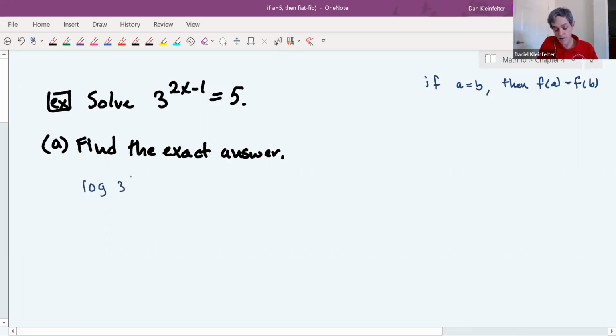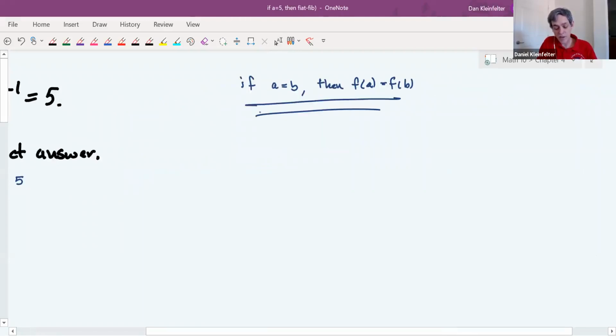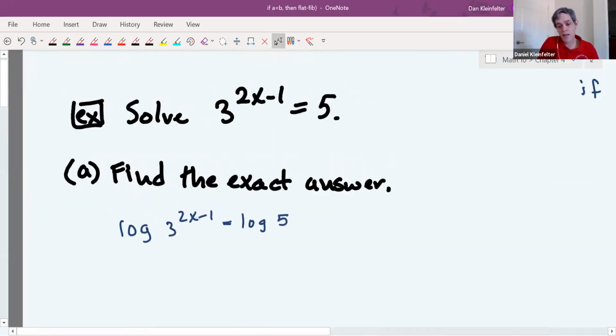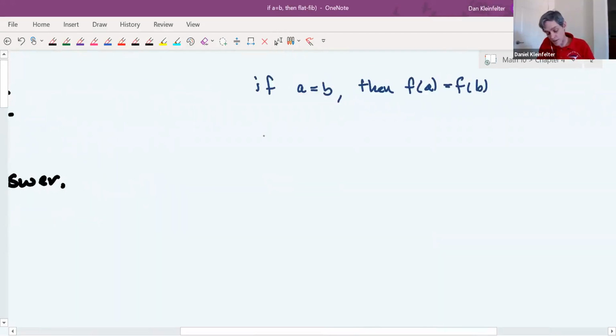So log of 3 raised to the 2x minus 1 power equals log 5. We've just used the fact that if two things are equal, then their logarithms will be equal. Like I said, that makes it look a little worse. But the reason we're doing this is so that we can use one of those log properties we learned.